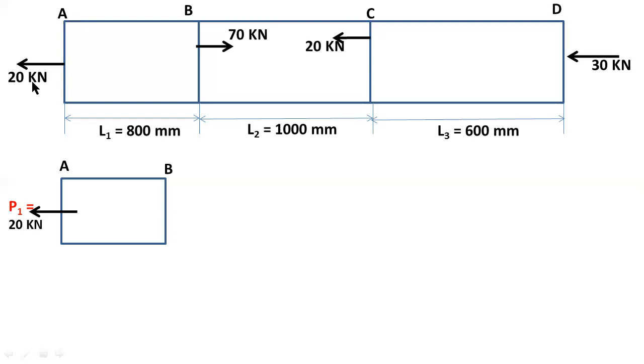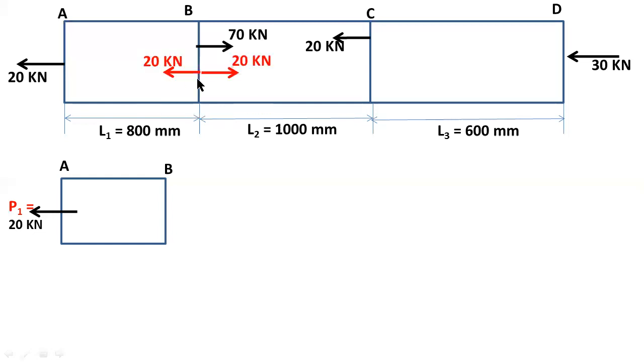We already discussed stress. For determining the stress, we need two equal and opposite forces. But at end B, the load is 70 kilonewtons, and we want 20 kilonewtons. We need 20 kilonewtons at B. So now I am adding two equal and opposite forces like this.